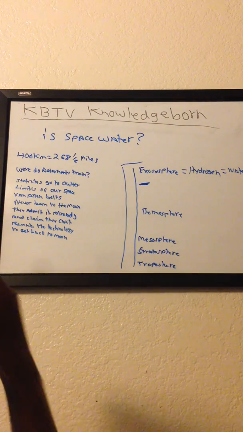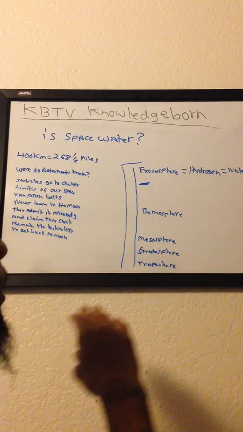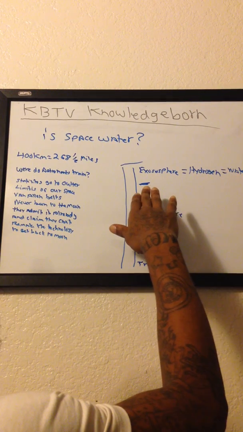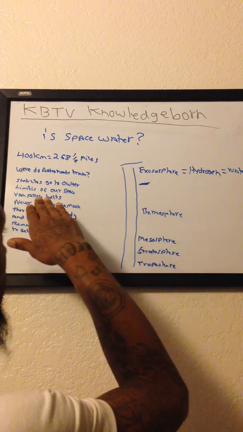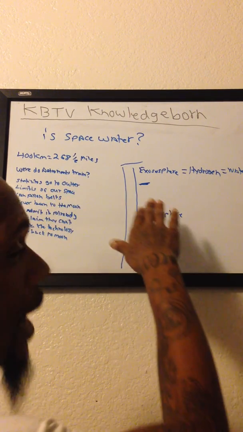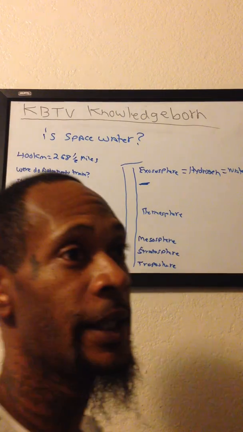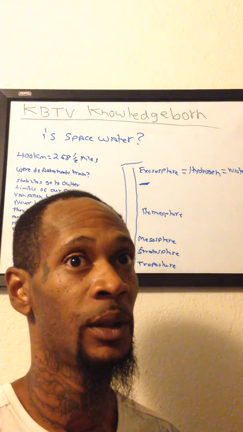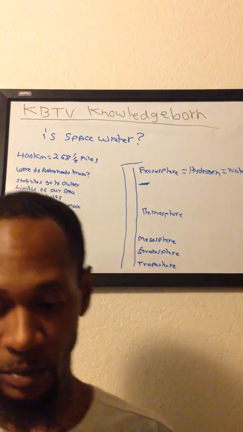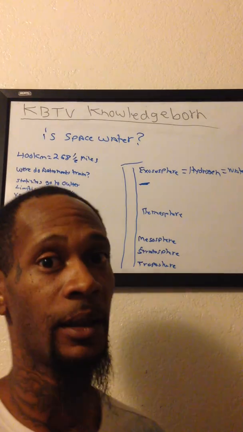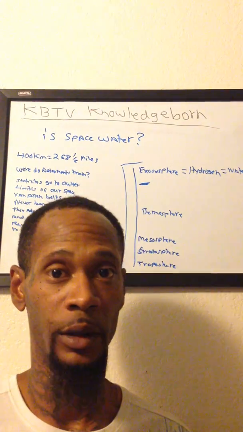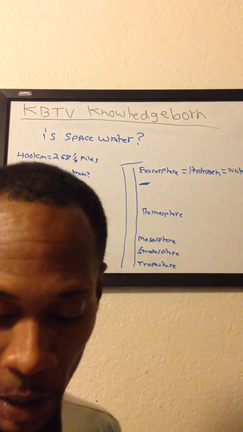Also, you know, if space is water, how are those satellites going to the outer part? How are y'all sending satellites through water? Okay. And y'all just told us, y'all just admitted that the exosphere is water, mainly water.